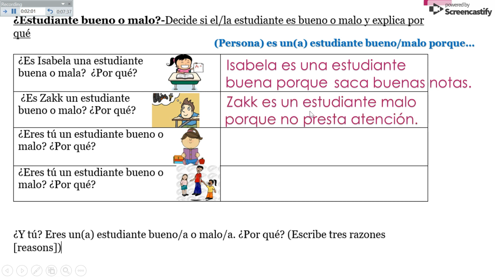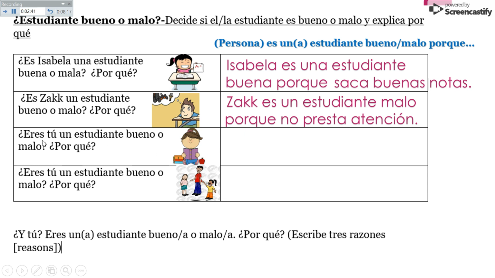If you wrote, Zach es un estudiante malo porque no presta atención, that is correct. First, you wrote Zach's name, and then you put whether he is a good student or a bad student. Because he is a male, we use the masculine form of all nouns and adjectives. Un estudiante malo. Then, he wasn't paying attention, so we put no presta atención. Again, we dropped off that R at the end of the word because it's something that Zach is currently doing. It's not something that he should or needs to do.